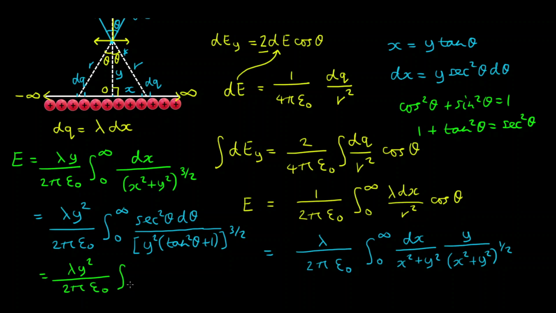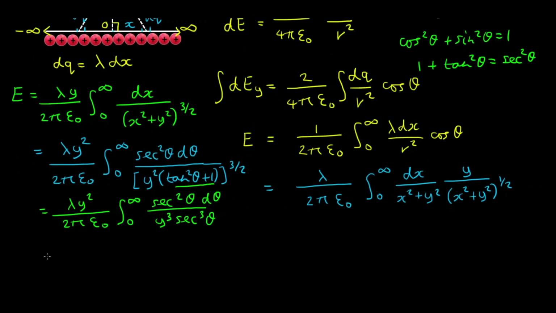So therefore this is equal to lambda by y squared on 2 pi epsilon naught by the integral from 0 to infinity, and we have sec squared theta in the numerator, and we're integrating over theta, and that's divided by y squared to the 3 on 2, which would be y cubed, and that's multiplied by sec squared theta to the power of 3 on 2, so that would be sec cubed theta.